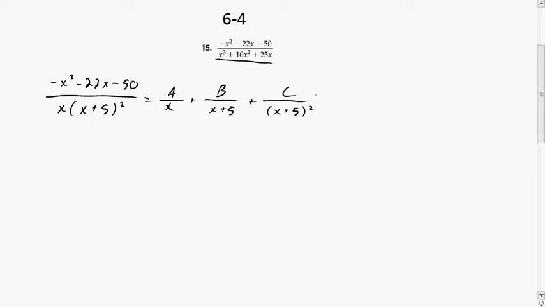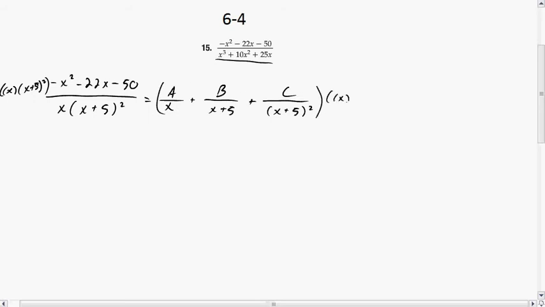Now what we want to do is multiply each by the least common denominator, so that's going to be x times x plus 5 squared, all this, times x plus 5 squared.